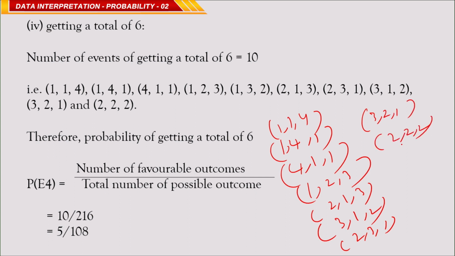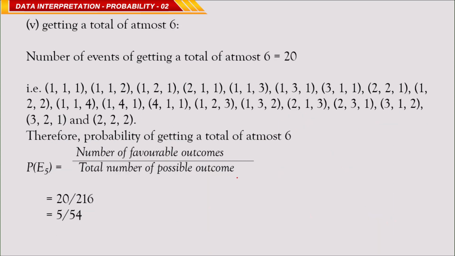So the favorable outcomes are 10 and the total outcomes are 216, 10 by 216, or you can say 5 by 108. Correct. And the last one, getting a total of at most 6.